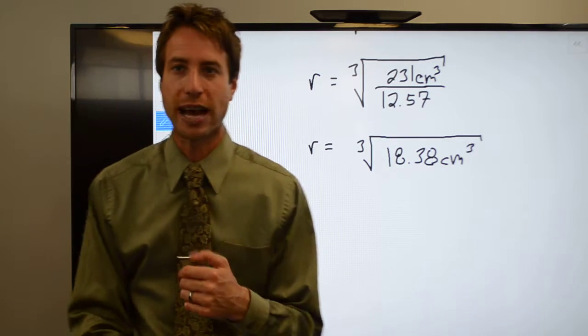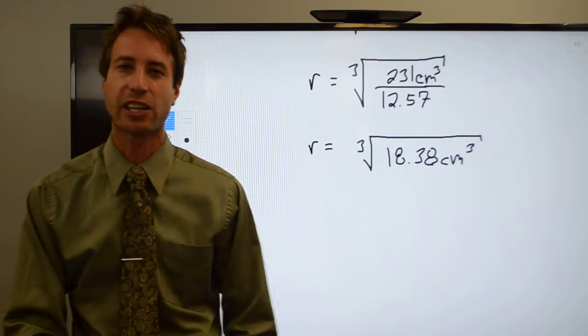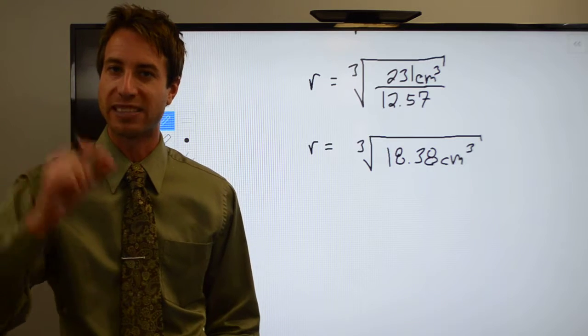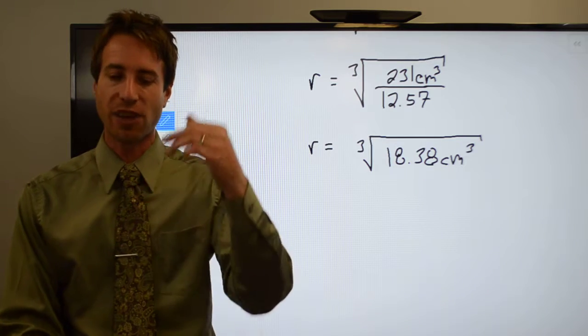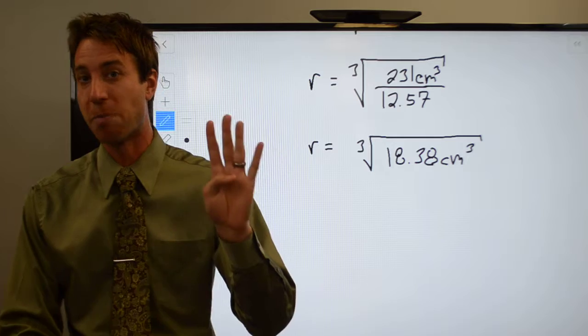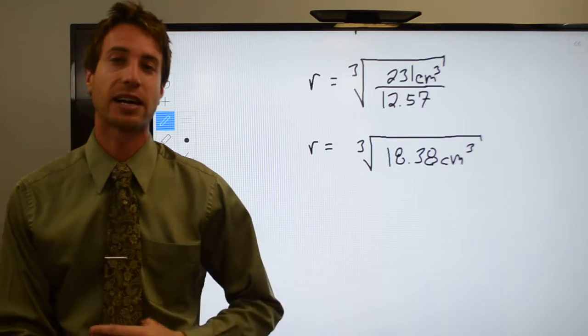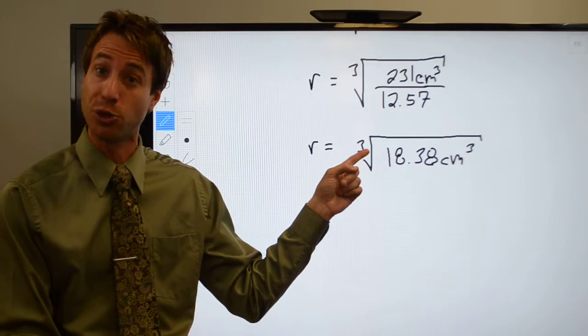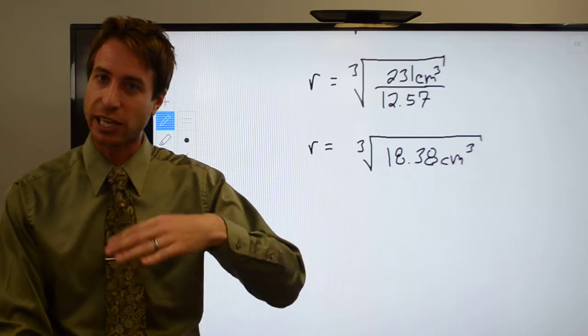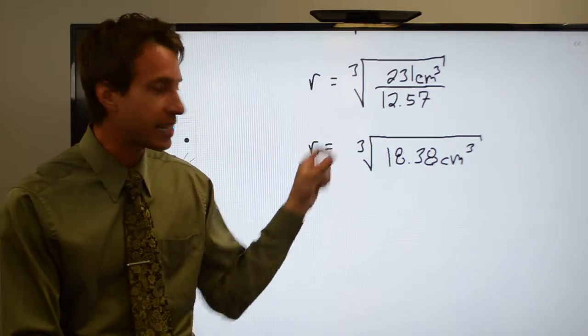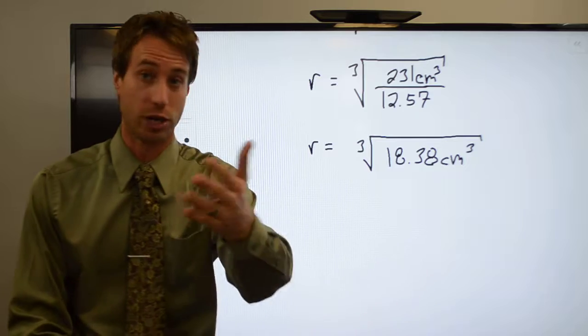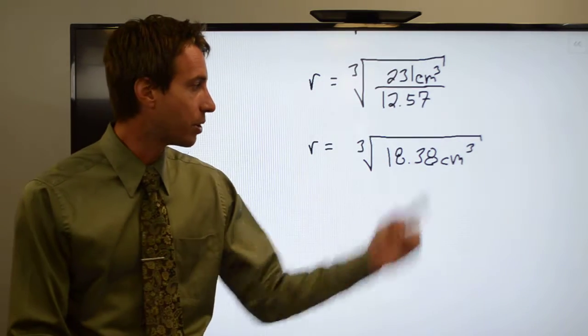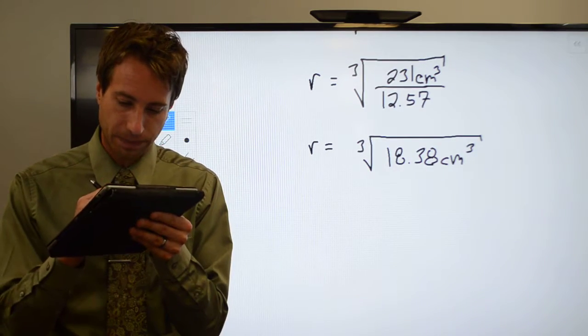Now, once again, if you have the TI-84 graphing calculator, on the far left-hand side there's a button that says Math. You go into that Math function, and I believe it is option number 4 in that list that is actually a cubed root function. So you just select that cubed root, it'll drop a cubed root right into your calculator, and then it'll ask you what you want to take the cubed root of. Well, you'll put in 18.38.